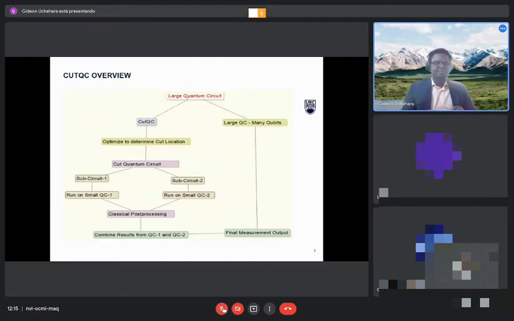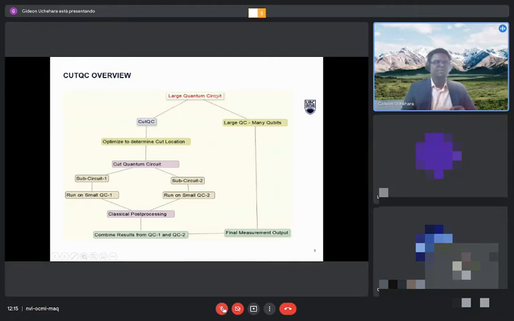And so that is what I try to present in this tutorial. I want to present how we can use small quantum computers to solve problems that require a large number of qubits.